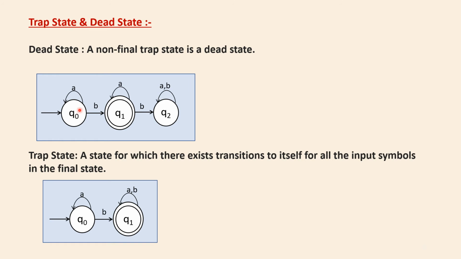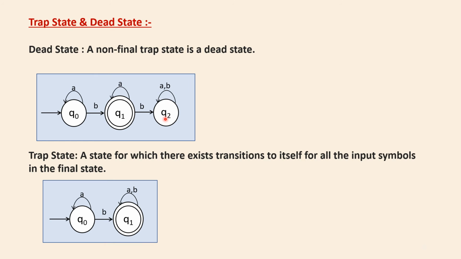If I have n number of A's and then one B, it goes into a final state. After having a B, if I have n number of A's, it stays in the final state itself. But if I encounter another B, a second B, then it goes into a dead state, where after that n number of A's and B's remain in that state itself.